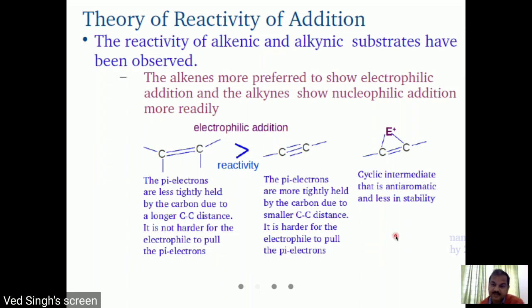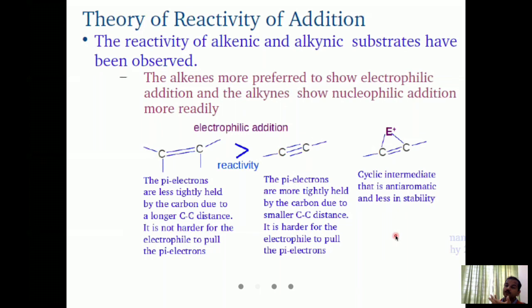And the cyclic intermediate is anti-aromatic in nature and less stable. What is anti-aromatic? In aromatic compounds, the number of pi electrons follows 4n plus 2.